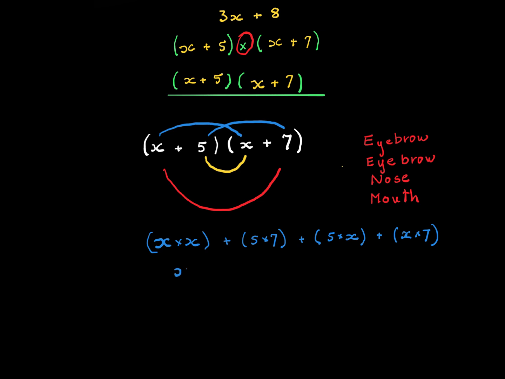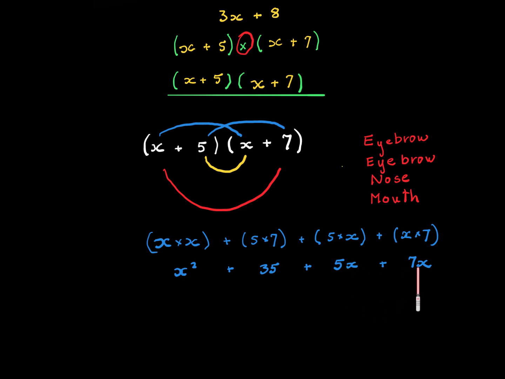x times x is x squared, and 5 times 7 is 35, and we add 5 times x, just 5x, and then we'll add x times 7, which is 7x. And we are left with 4 terms, x squared, 35, 5x, and 7x.